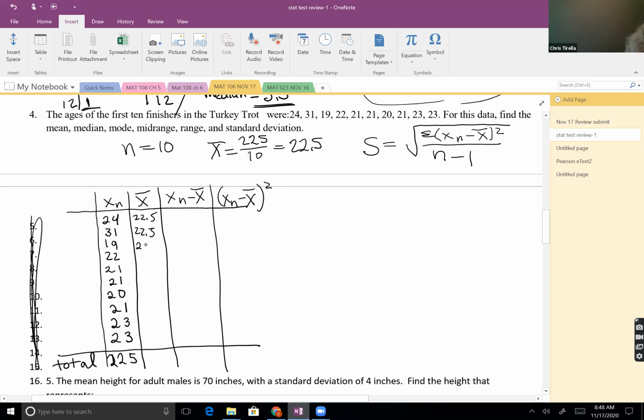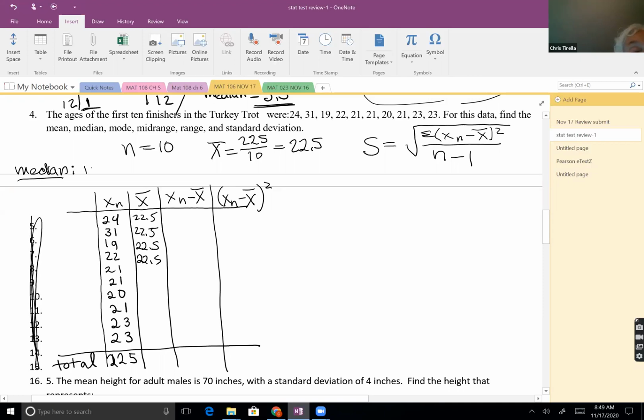And so I'm going to be a little lazy and not write it all the way down. This column here, the average is 22.5. In order to find the median, because this is a smaller list, there are only 10 numbers, let's put our numbers in order.